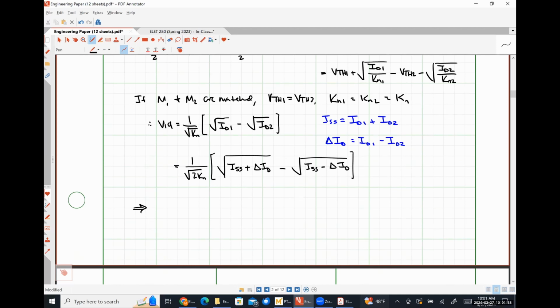And so that's going to wind up giving me twice Kn VID squared is equal to ISS plus delta ID plus ISS minus delta ID minus twice the square root of ISS squared minus delta ID squared.